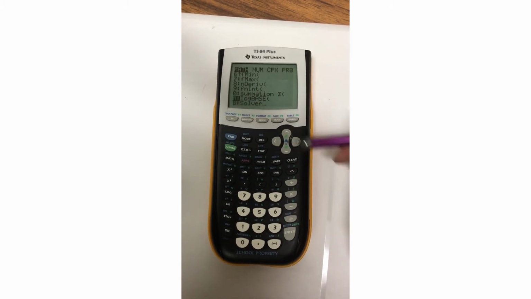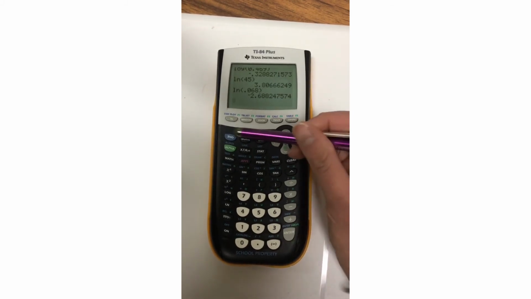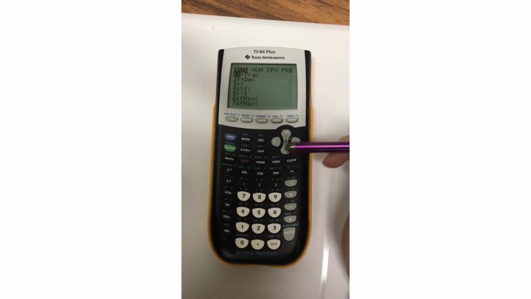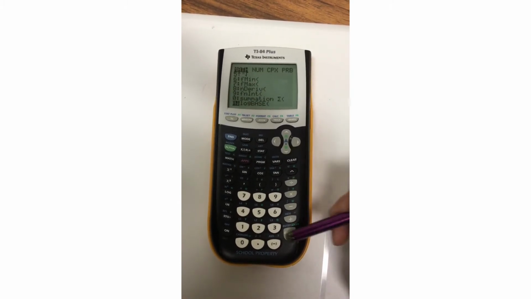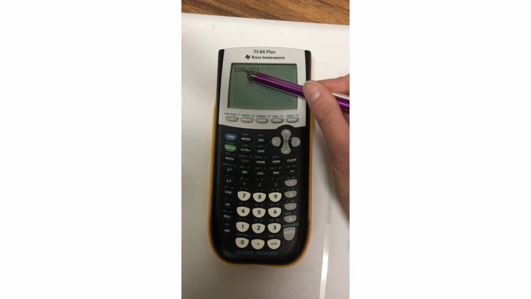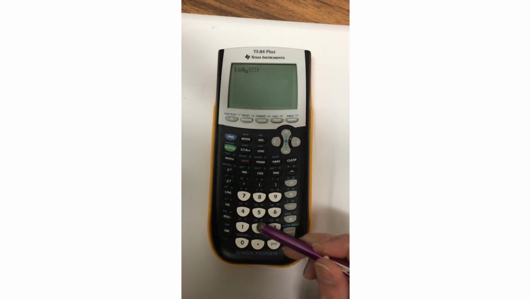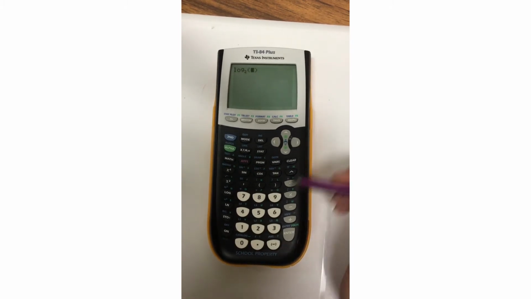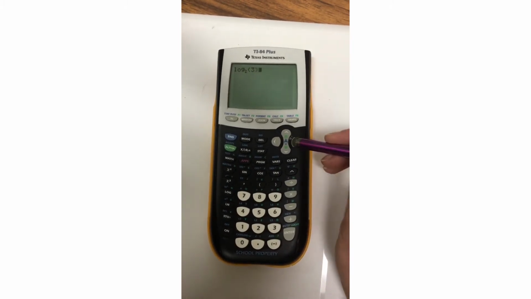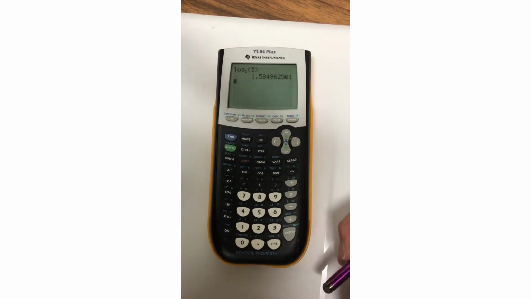If you hit log base, let me clear it out and do that again, your calculator is going to automatically put in the base as an empty box so you can fill it in. So you can put in the 2 and then scroll over, put in the 3. Log base 2 of 3 is 1.58, and if we rounded it, we might round it to 1.585.